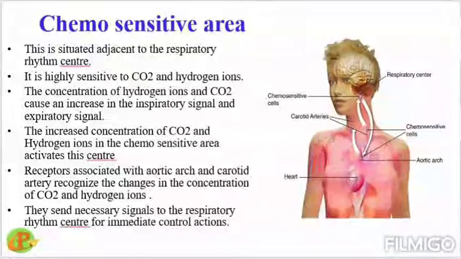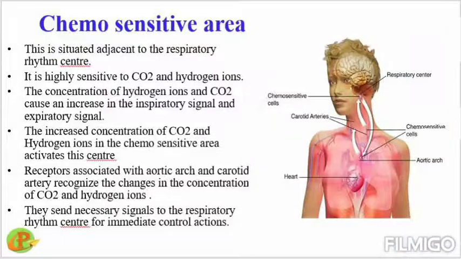Now let's discuss the chemosensitive area. It is situated adjacent to our respiratory rhythm center. It is highly sensitive to carbon dioxide and hydrogen ion concentration. When there is more carbon dioxide and hydrogen ion concentration in the blood, a signal goes to the chemosensitive area that now it's time to release this carbon dioxide from the body. These signals are created by the receptors present at our aortic arch and carotid arteries.